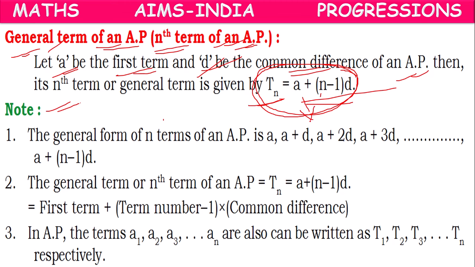So how have we got this formula? We know that the first term is represented with A, and we will get the second term.